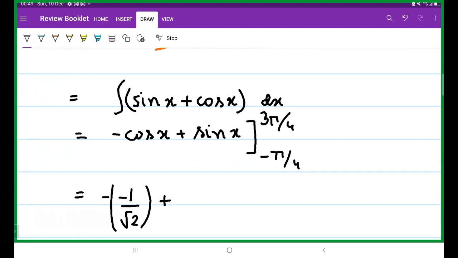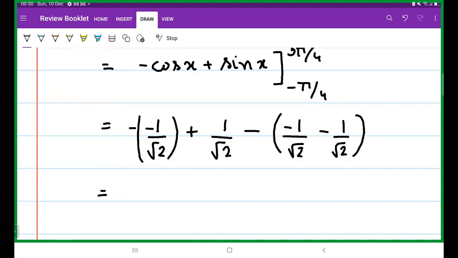Sin 3 pi by 4 is equal to 1 by root 2. Cos of minus pi by 4 will be equal to cos pi by 4 because it's an even function, so it will be minus 1 by root 2 because we have got a minus before cos x. And minus 1 by root 2.